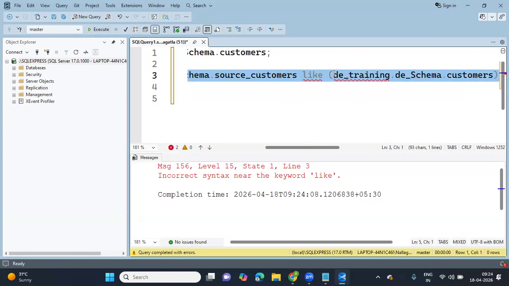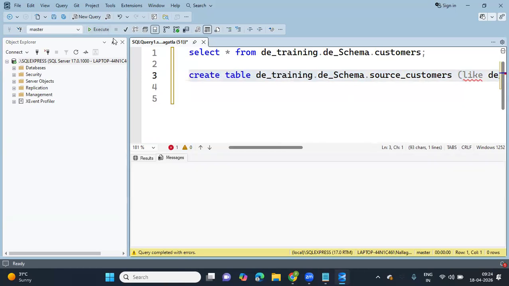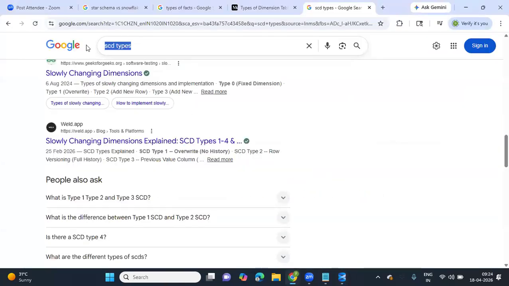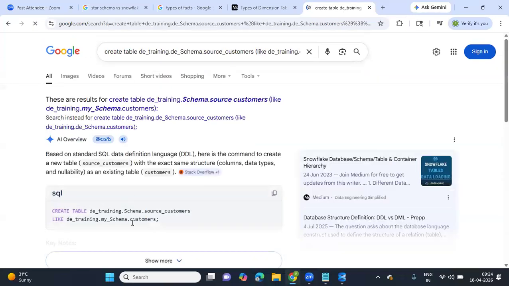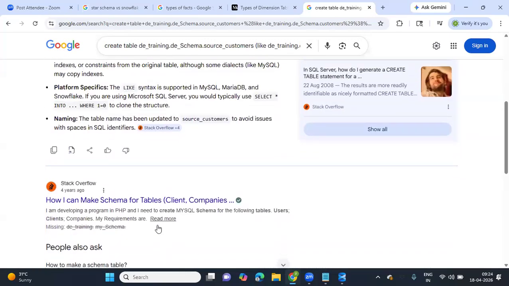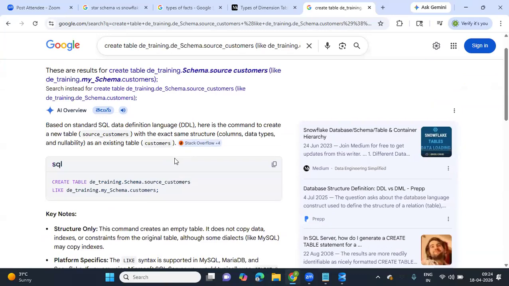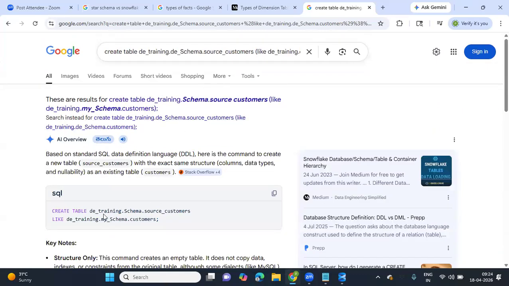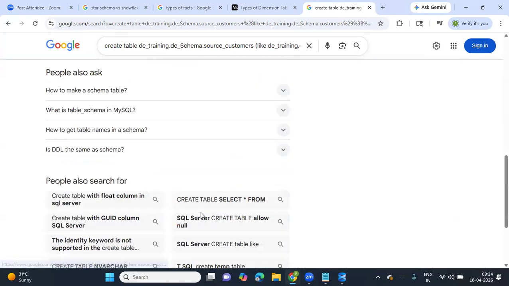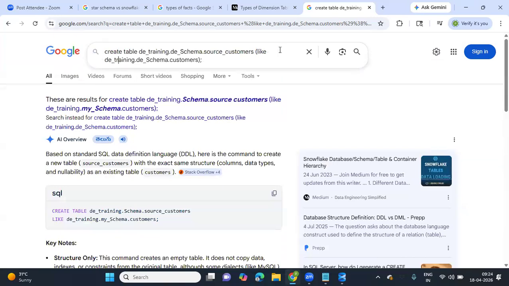Each server behaves differently, so I'm a little confused with the syntax. Let's see this. Structure only, but this is not working. Like this, the table created, syntax error.